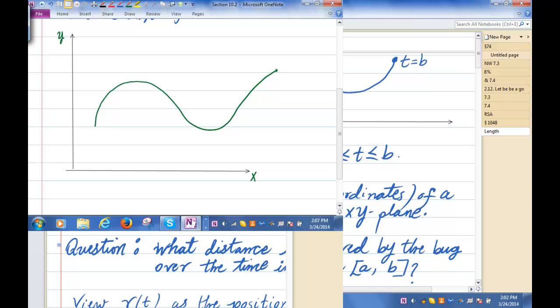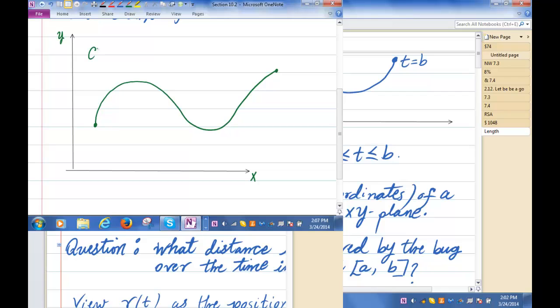Okay, so let's say this is our curve C. We want to find the length of this curve. So the question is, what would be the definition of length in this case? How do I define the length of the curve C?